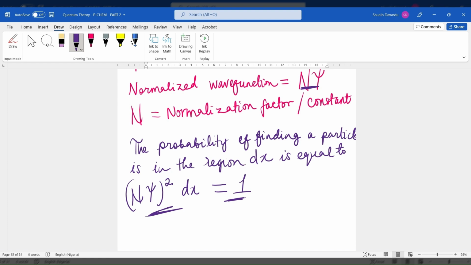If I've lived in 50 different countries, the probability of finding me in one of those countries is 1. You may be thinking, well, the probability of finding me is 50. No, the probability of finding me in any of those countries is 1, because I'm only one person and I cannot be in one place at a particular time. So the probability of finding a particle in a region dx, think about yourself as a particle and the region dx as the whole world, is just simply 1.